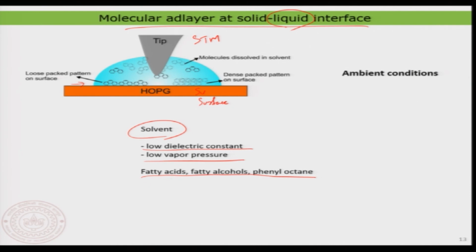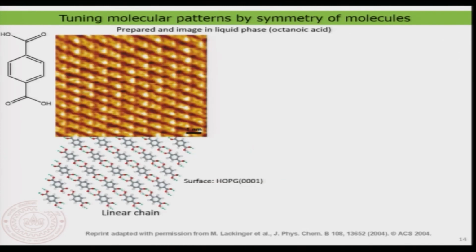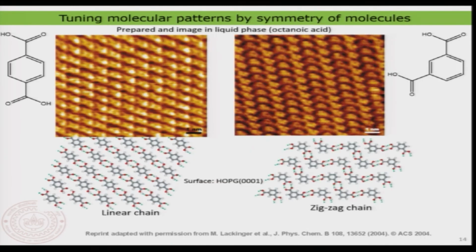These kind of alkyl chains we are typically using as a solvent or the liquid medium. Now, let us have a look. This is very simple. So, some STM images of different types of molecules that we can form at the solid liquid interface. You can see depending on the type of functional group and also where you place the functional group.